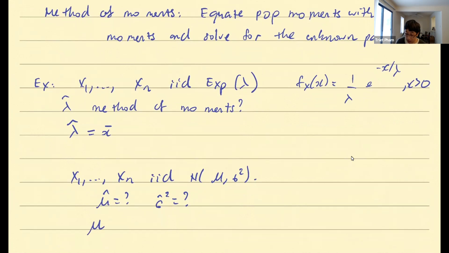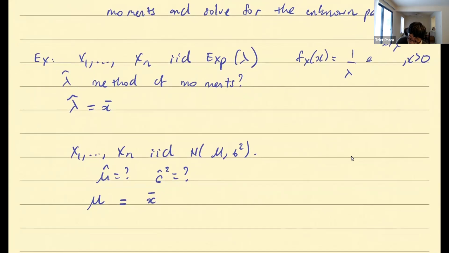What is the population mean? mu. What is the sample mean? x bar. What is the population second moment? It is mu square plus sigma square. What is the sample second moment? It is the sum of xi square over n.